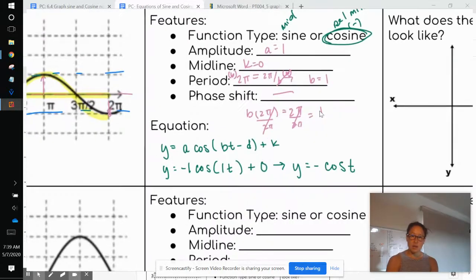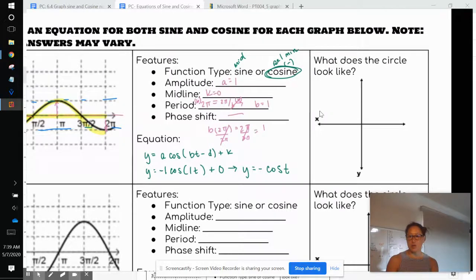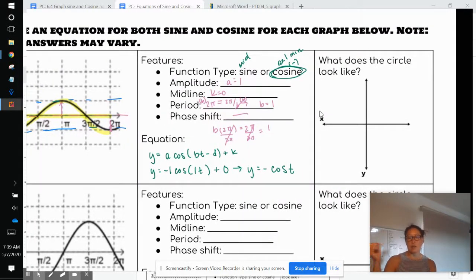All right, on the units, if I were to draw a circle to figure out, remember cosine is the horizontal distances from 0.